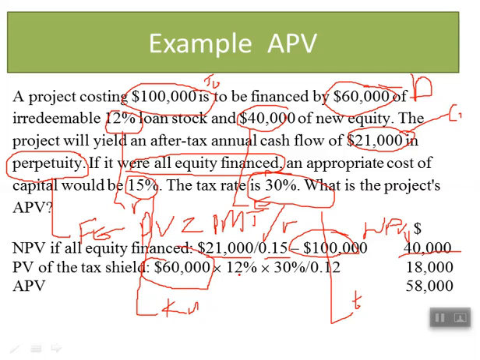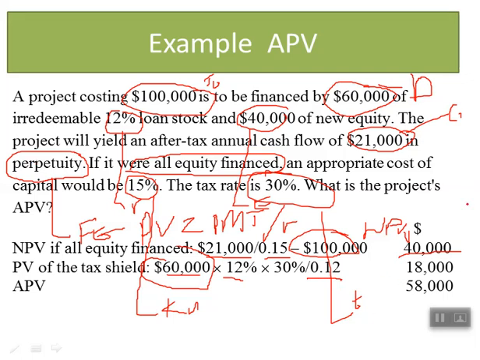So our interest is going to be 60,000 times 12%. If you get this, then times 30% to get the tax saving on that interest. Then, because the cash flows are perpetuity, you divide it by 0.12, which is the cost of debt. Then you get 18.